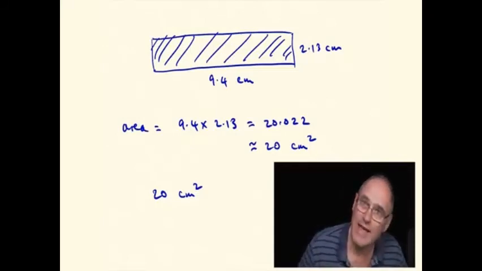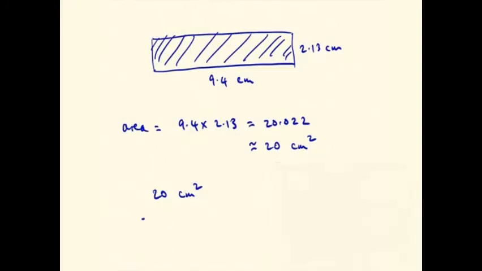Now it may look a little bit pedantic, but to be more precise, you could write this as 2.0 times 10 square centimetres. And the fact that you've written 2.0 means that this 0 in the expression is significant. Okay, so this is correct to 2 significant figures. Now if I wrote 2 times 10 square centimetres, because I've deliberately only written one digit, the 2, you know that the answer is correct to the nearest 10 square centimetres.